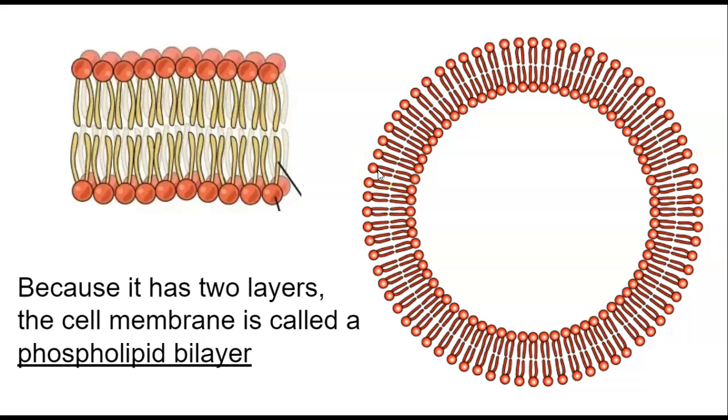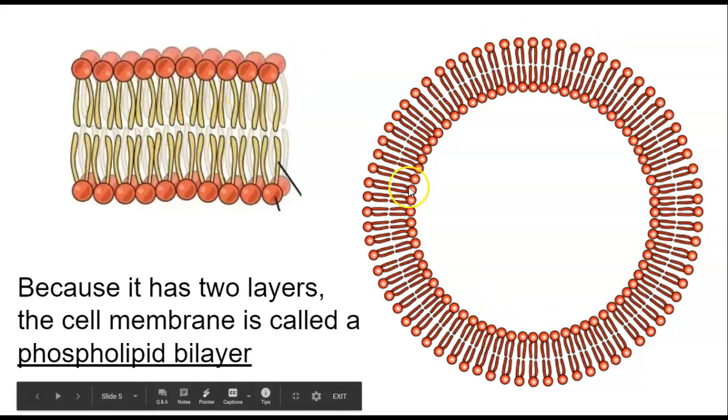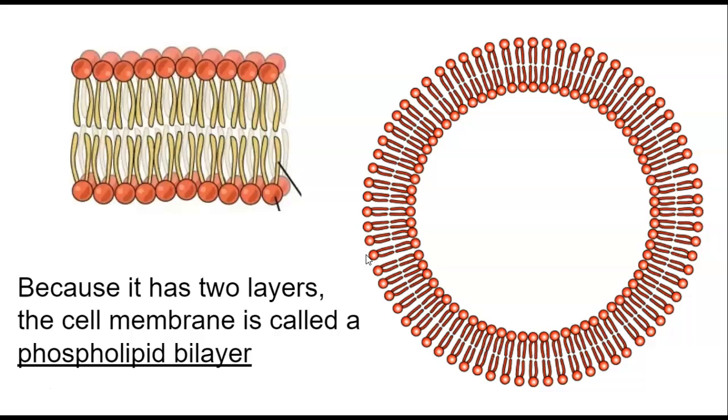And notice on the right here, this is how they line up, right? Just like how you drew, but in the cell membrane to make a circle here, right? This is what the cell membrane is made of. Kind of crazy, huh? So notice it's got two sets of phospholipids, right? One layer on the top, one layer on the bottom, okay?